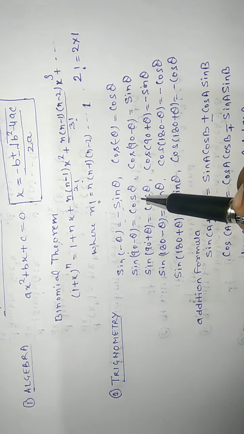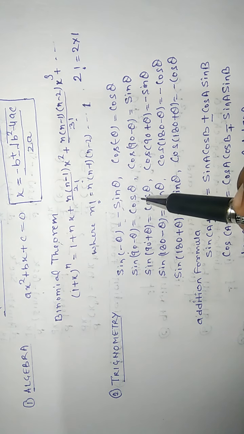This means cos 30, and the value of cos 30 is root 3 by 2. So these are the formulas for calculating the trigonometric ratio of a given angle.